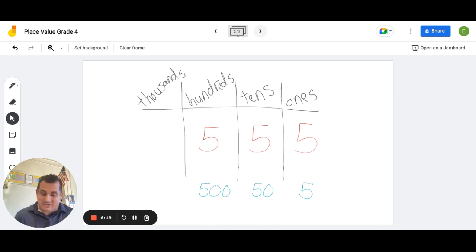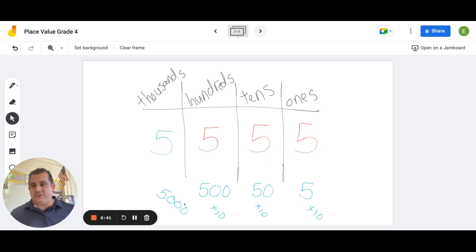They get 10 times greater. 5 times 10 gives you 50. 50 times 10 gives you 500. 500 times 10, well, if there was a 5 here in the thousands place, 500 times 10 is 5,000.